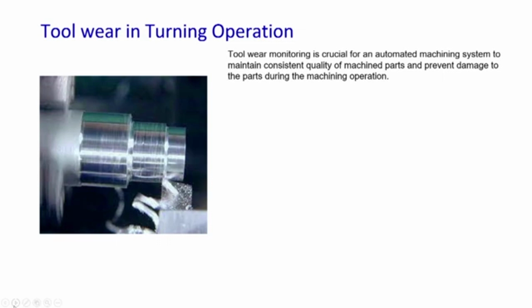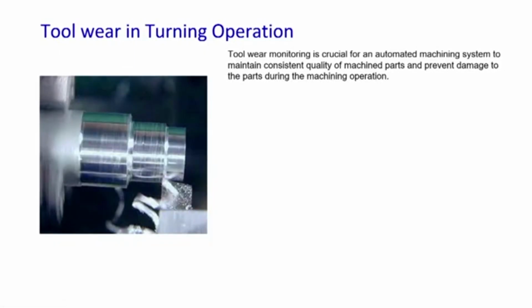Turning is a very common, very important and very general application of material removal on the shop floor. All shop floors have the lathe machine. You also might have worked on the lathe machine. In the lathe machine we are reducing the diameter or processing axisymmetric parts. On your screen you can see a workpiece.